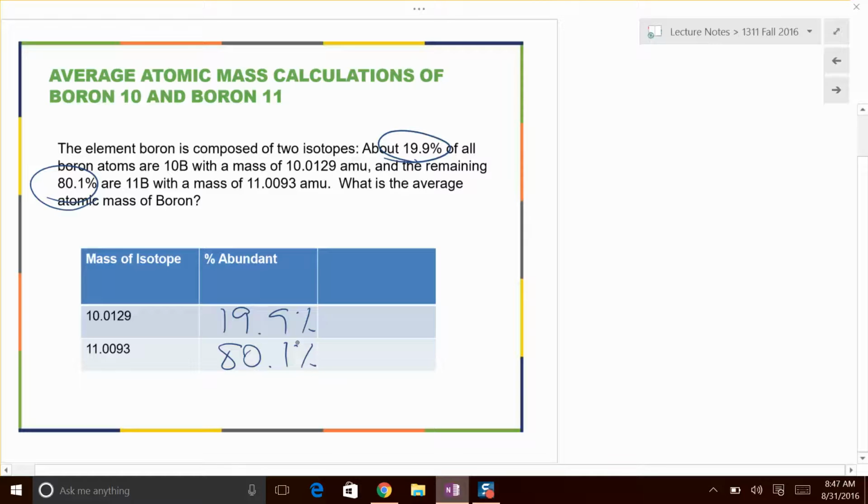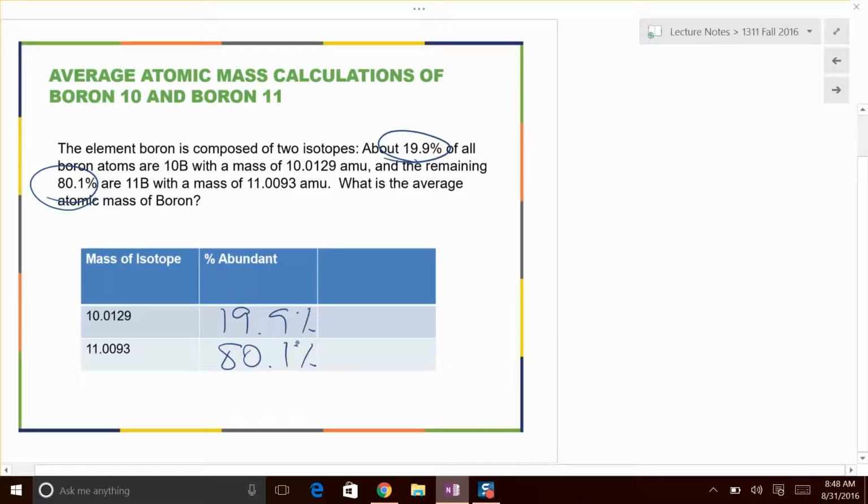Now all I have to do is multiply each isotope by its percent. How do you multiply something by its percent? Do I say 10 times 19.9? What's that? Yeah, I have to change it from its percent back into a decimal. How did I get to a percent? I multiplied by what? By 100.